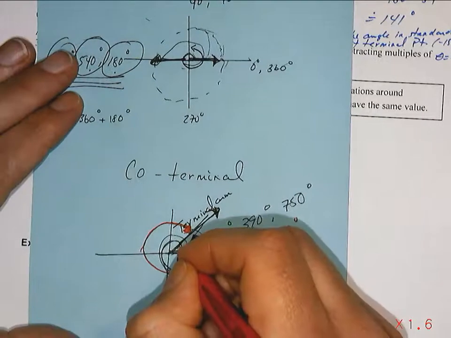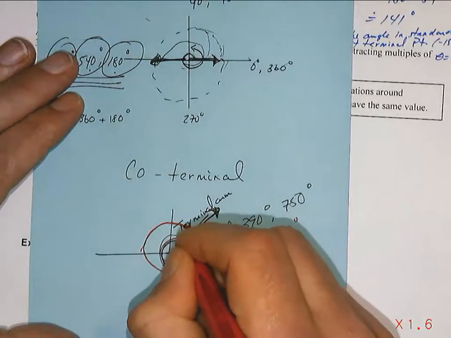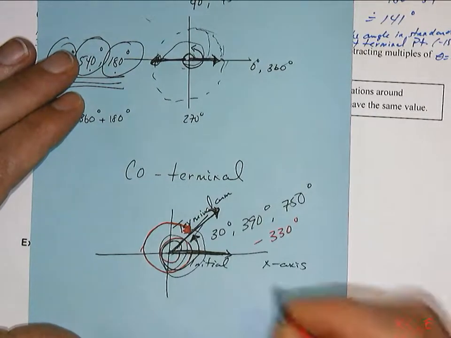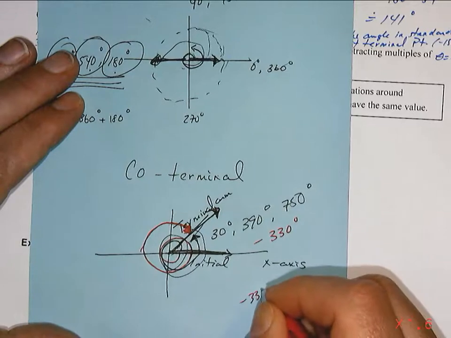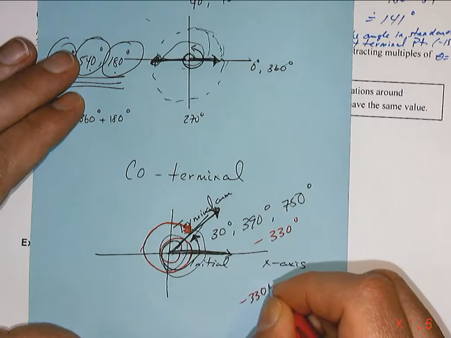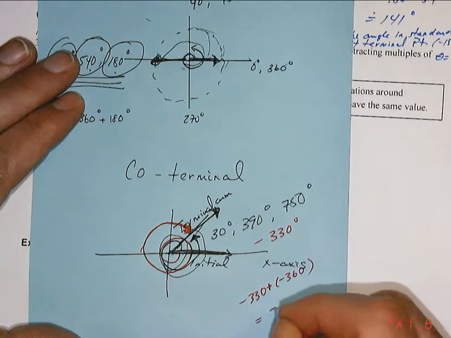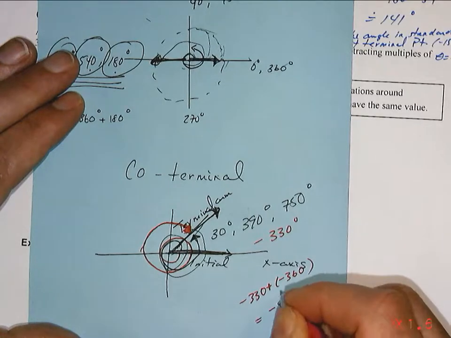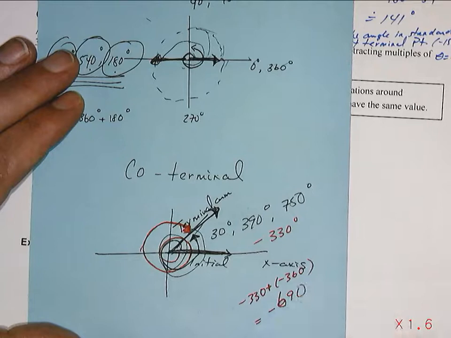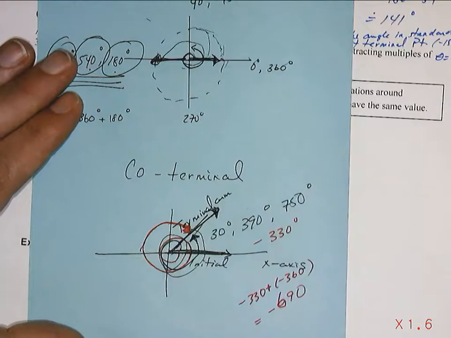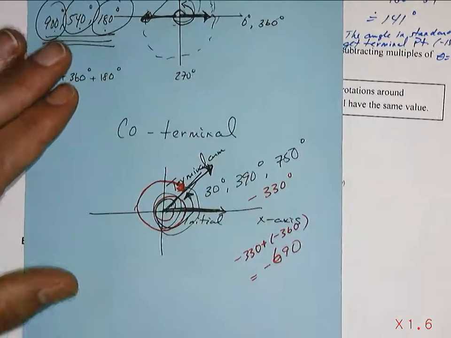And following the same argument, I could go all the way around negative and then pick up the 330. So negative 330 plus another negative 360 is going to give me negative 690. So negative 690 takes me to the same coterminal arm.